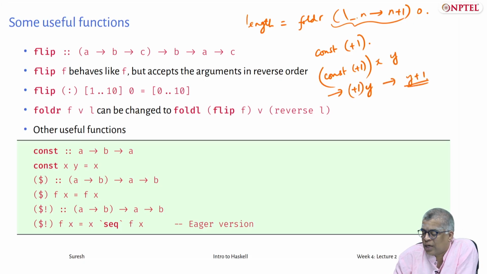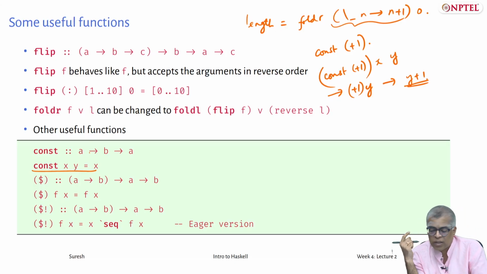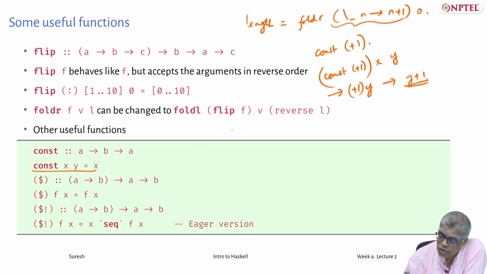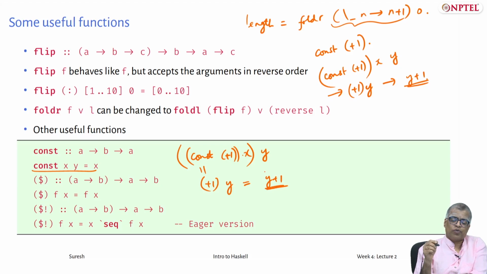So rather than writing this lambda expression, I could have just written const plus 1, and const x y is nothing but x. So const plus 1 x y is const plus 1 applied on x and then applied on y. This const plus 1 x just becomes plus 1, and that is being applied on y, and that gives you y plus 1. So, const is a useful function.